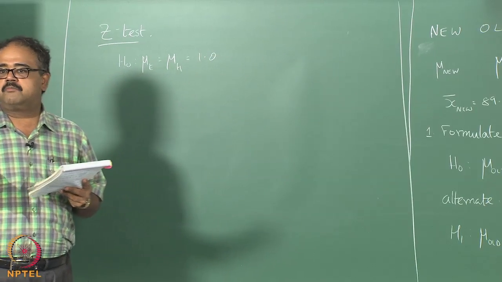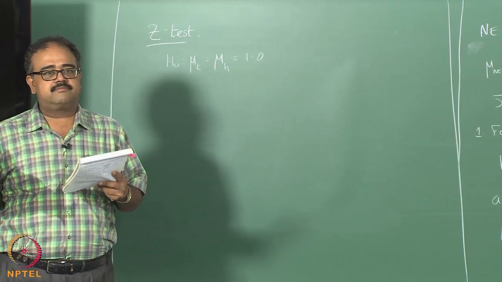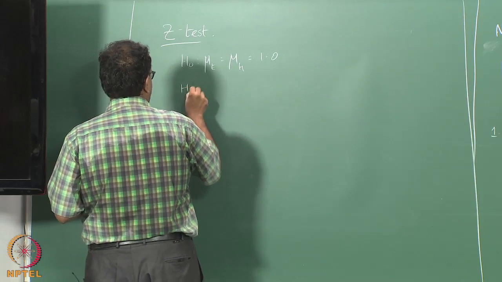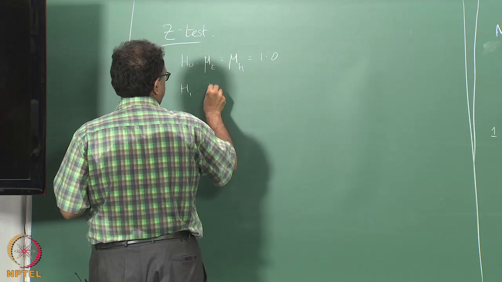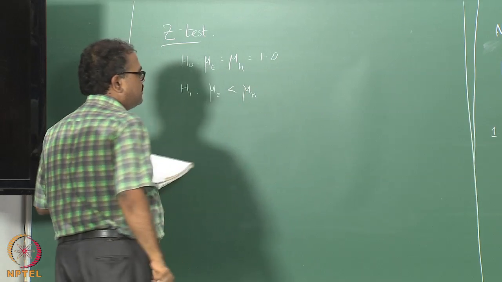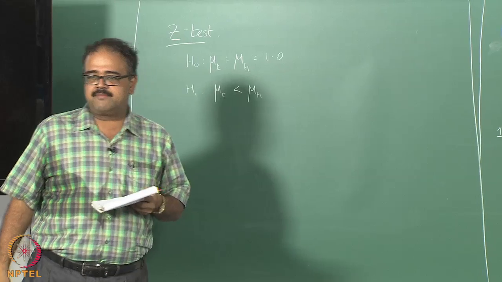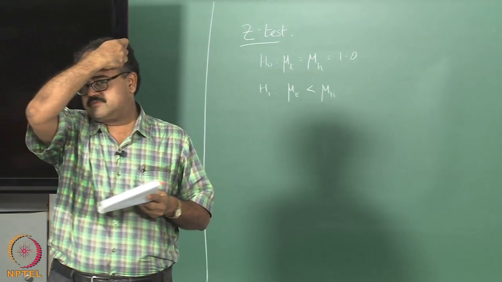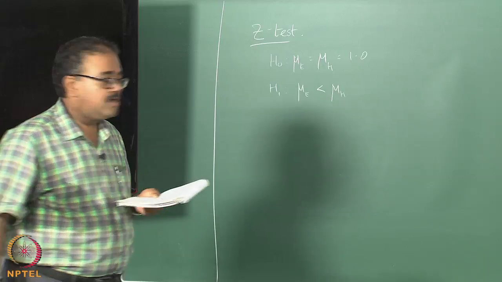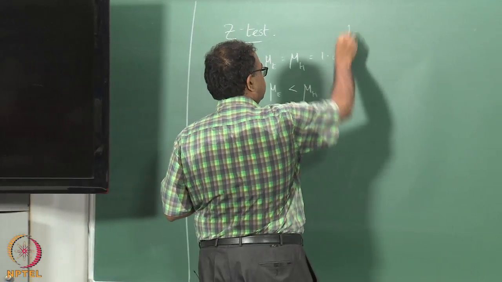I am going to say they both take unit time to solve, right. And the alternate hypothesis is that the easy problems take lesser time than the hard problems to solve, is it fine?